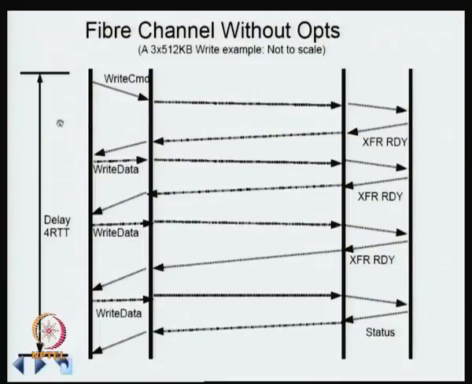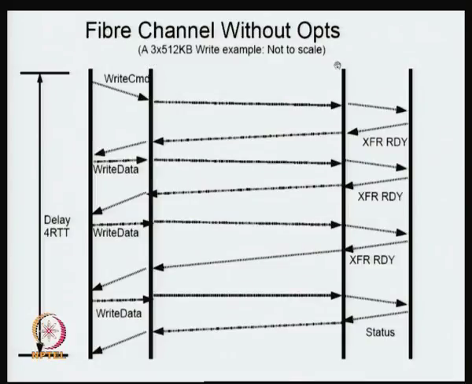Suppose you want to do something better than this. Suppose I want to write 512 kilobytes. This is the initiator, this is the target, and this is going to be my first level Fiber Channel switch.